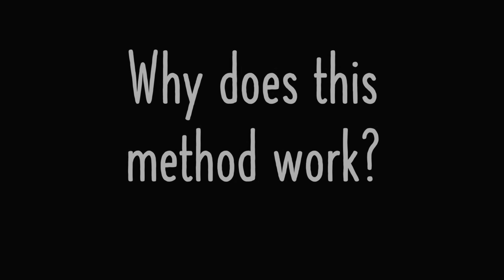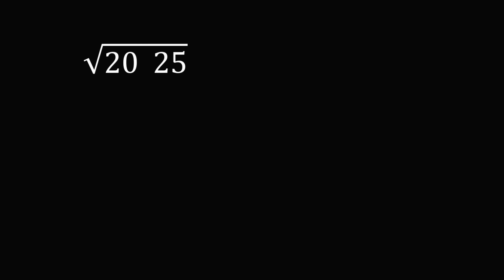But why exactly does the digit by digit method work? Let me give you a justification by doing an example of the square root of 2025. So we have two different pairs here. So we know that the integral part will have two different digits, a and b. But the number ab is equal to 10a plus b because a is in the tens place. So let's set up the equation.